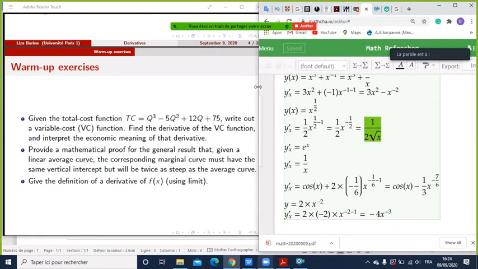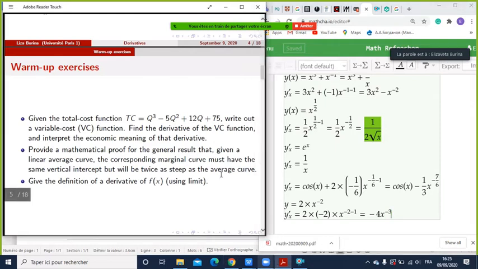So you got it. Now let's move to the second part of our warm-up exercises, and this is something where you have to think economically, except for the last part. The last question is not very crucial right now, so you don't have to remember the definition of the derivative with the limit.